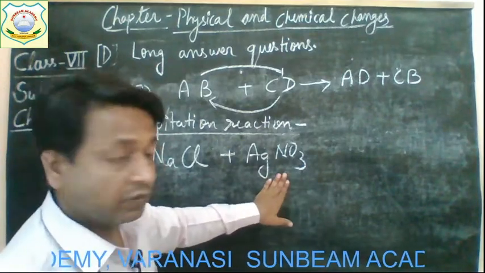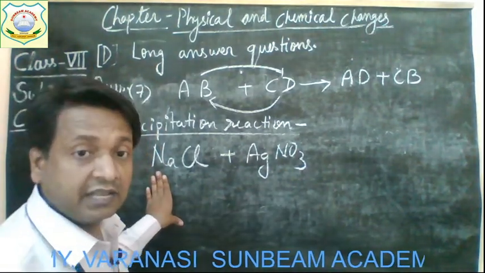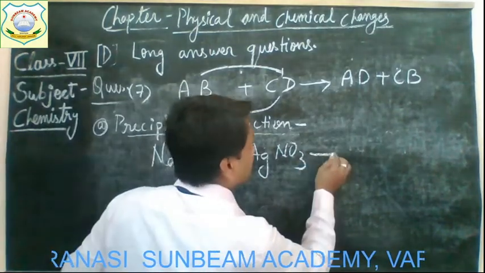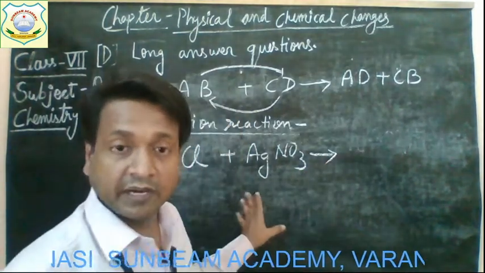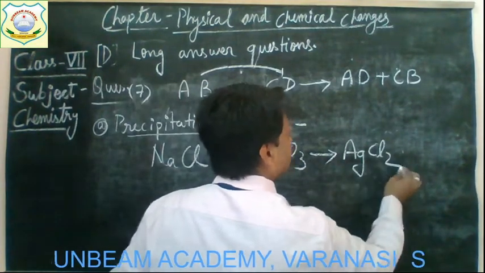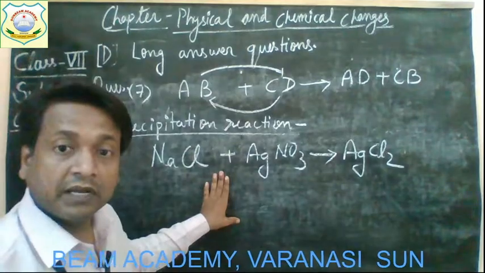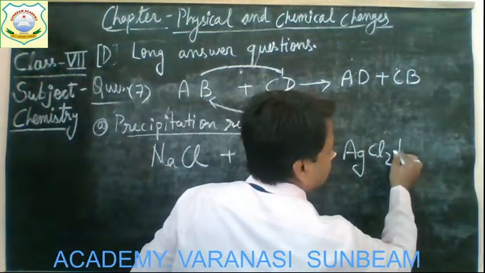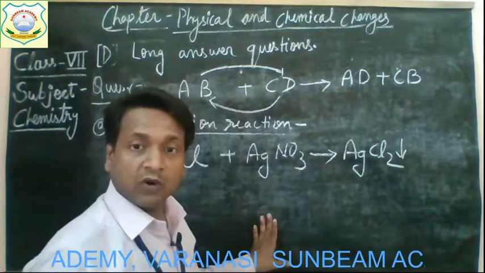So this is silver nitrate and NaCl, this is sodium chloride. When they both react, double displacement reaction will take place and it will form silver chloride, and this silver chloride will form as a precipitate. So we will indicate it by downward arrow.